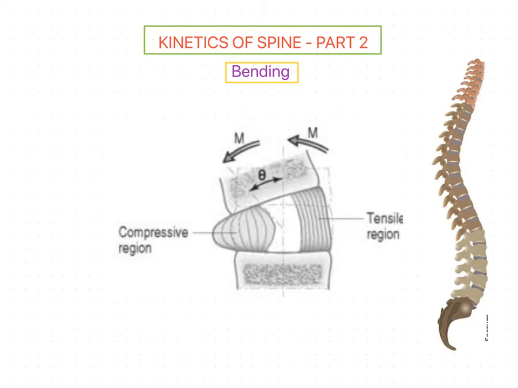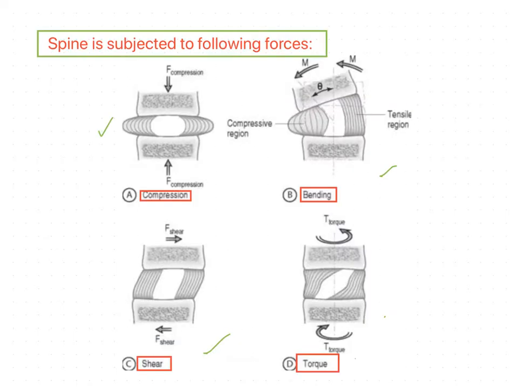Dear students and my dear viewers, in the previous session we discussed the kinetics of the spine, part 1. In that session we discussed that there are 4 kinds of forces acting on the vertebral column: compression, bending, shear and torque forces.